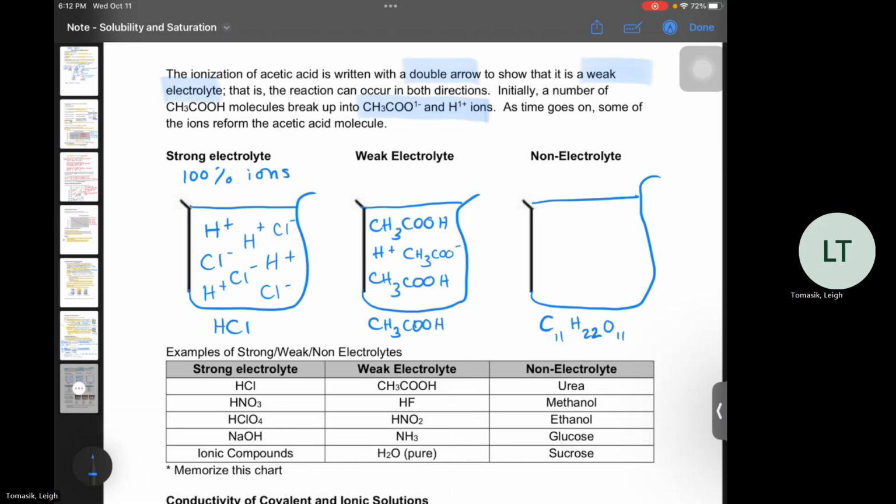If you put that in solution, it's just going to separate from its friends, but it's not going to turn into ions. It's just going to stay as molecules. So this would be less than 100% ions, and this would be 0% ions.